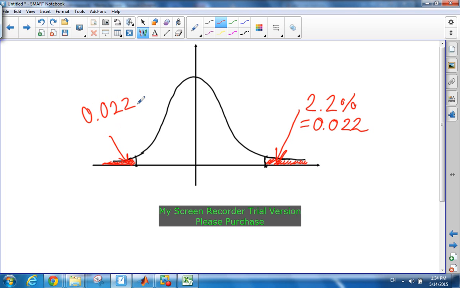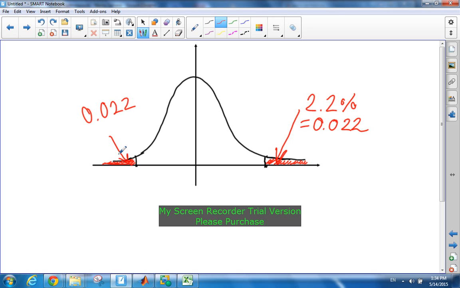All right, so 2.2% of thermometers fall in this region, and another 2.2% fall in this region. And the question is, what are these critical values, cutoff values, that determine whether we treat a reading as good or bad, so whether it's too high or not, and whether it's too low or not.